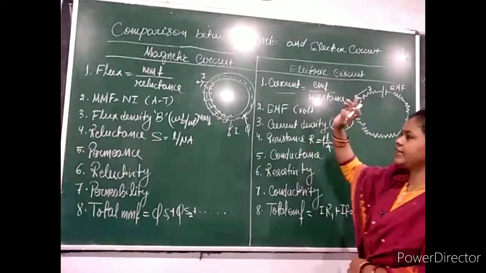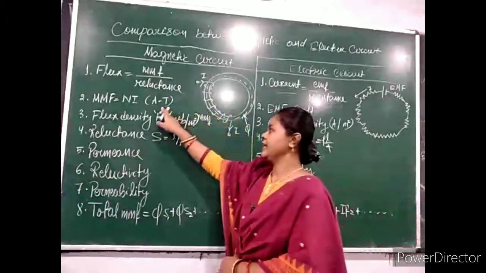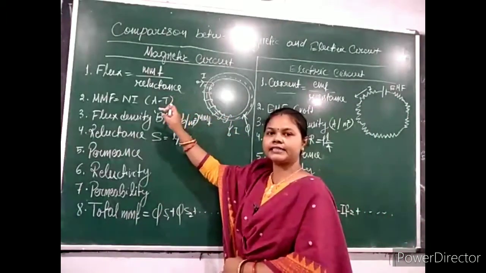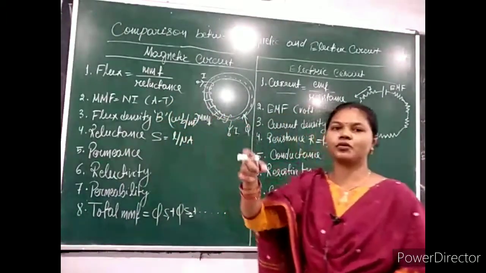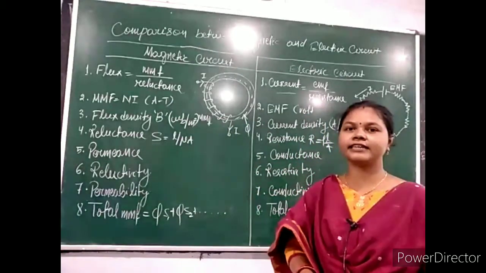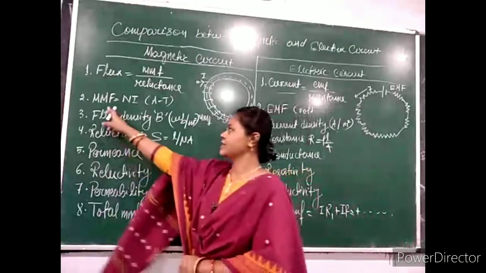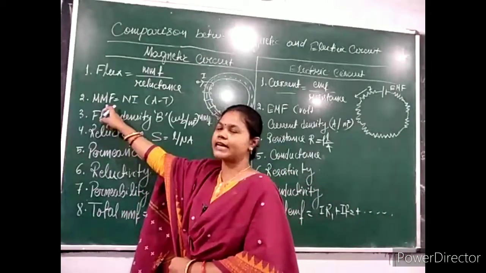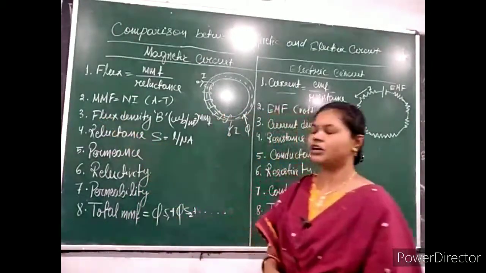Then the second point. In a magnetic circuit, the external force due to which flux is created is called MMF, that is magnetomotive force.